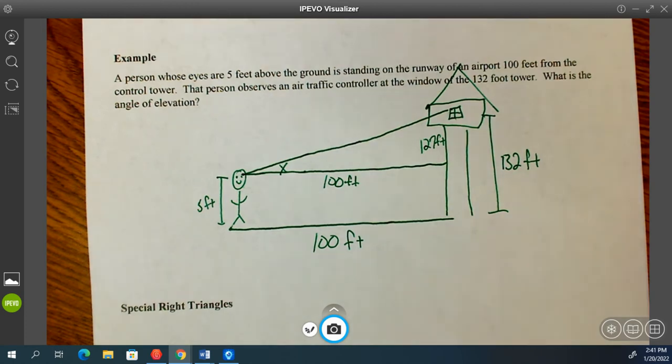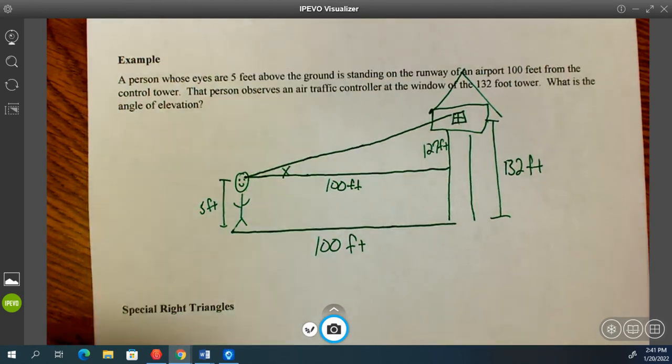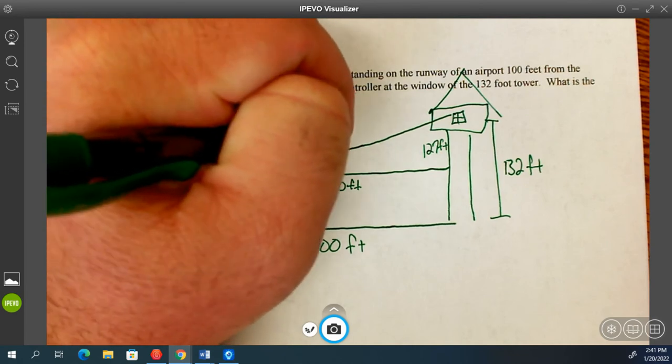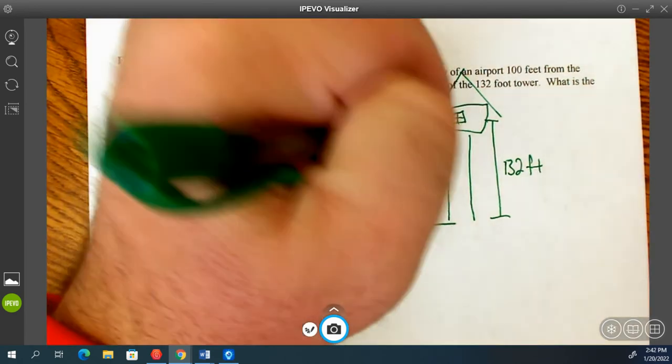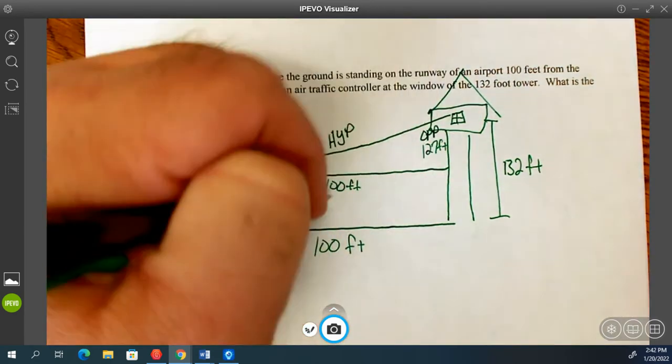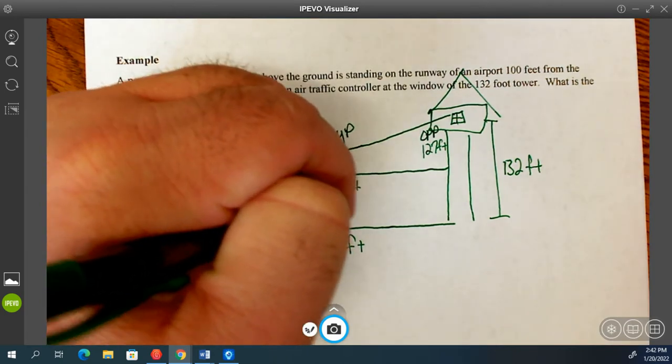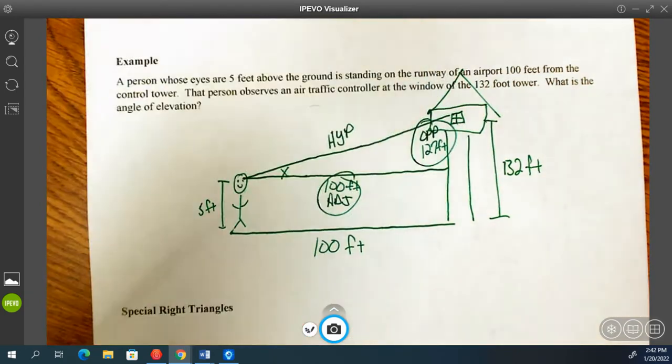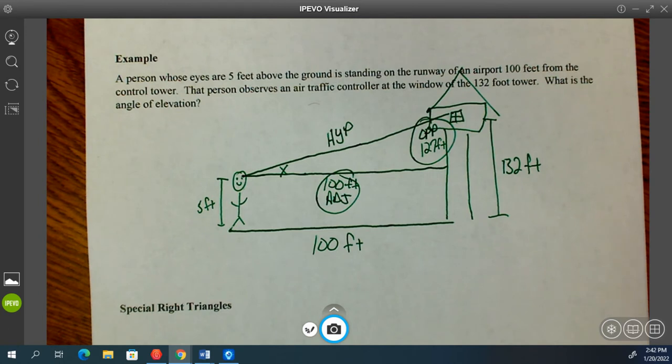I'm going to identify the sides. Where is my hypotenuse? Where is my opposite leg? Where is my adjacent leg? So what am I dealing with? The opposite and adjacent, which is the tangent function.